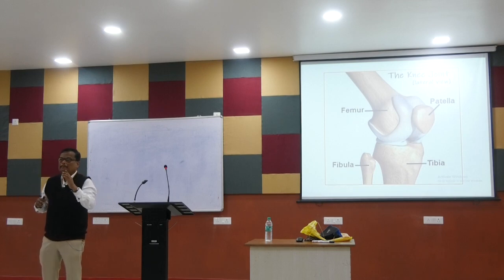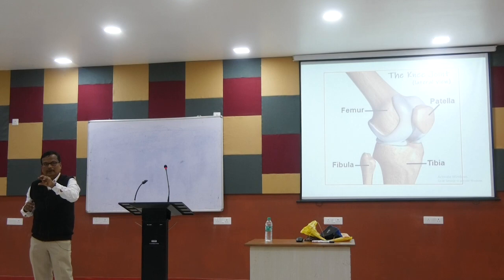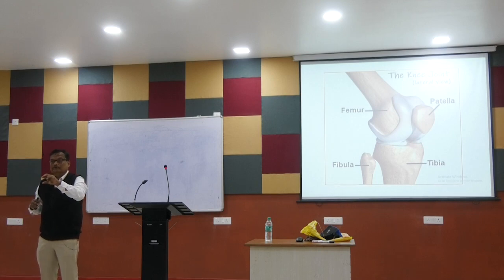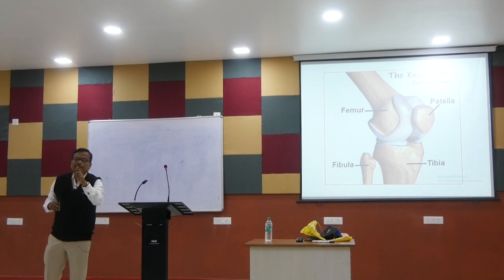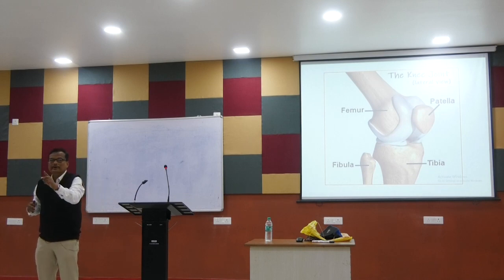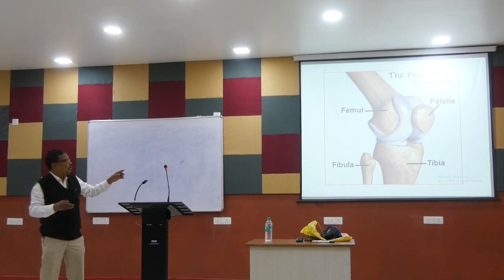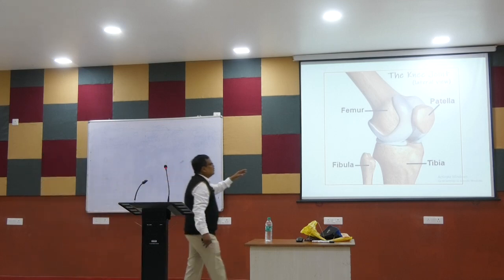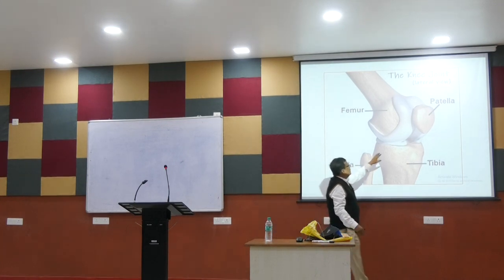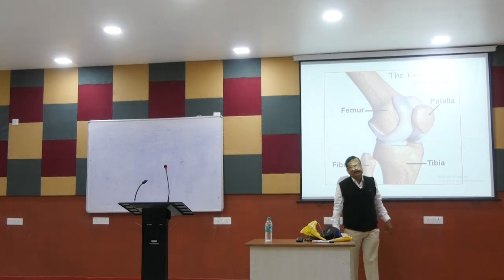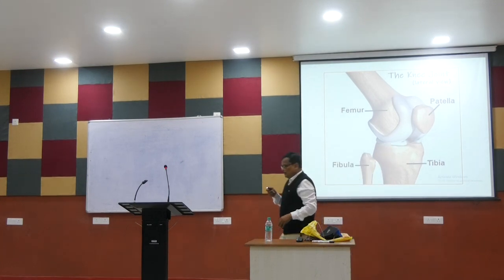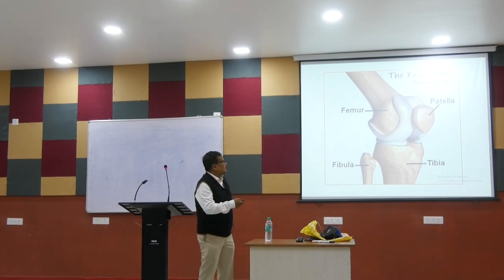Number 2, there occurs some rotation. During flexion, medial rotation of the femur on the tibia, and during extension the opposite. So we call it a modified hinge joint. So the knee joint is a modified hinge joint. And as the condyles are there, femoral condyle and tibial condyle, we call it a condylar joint also. So whatever it may be, just an idea.